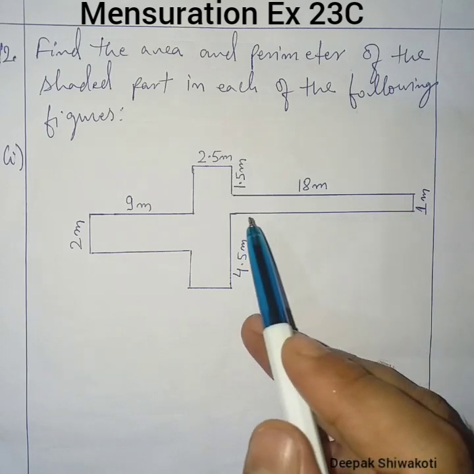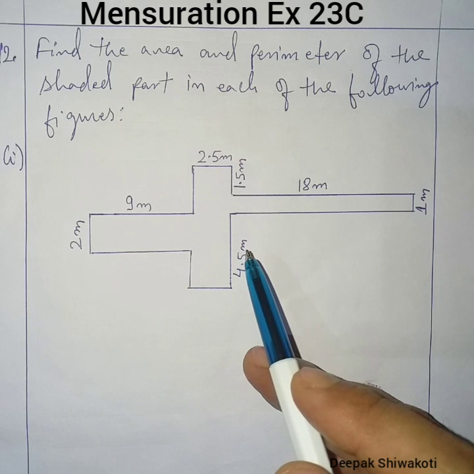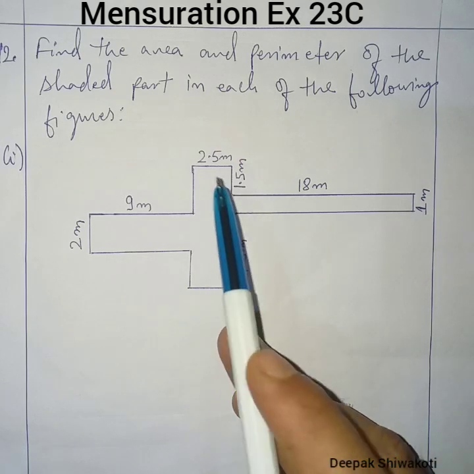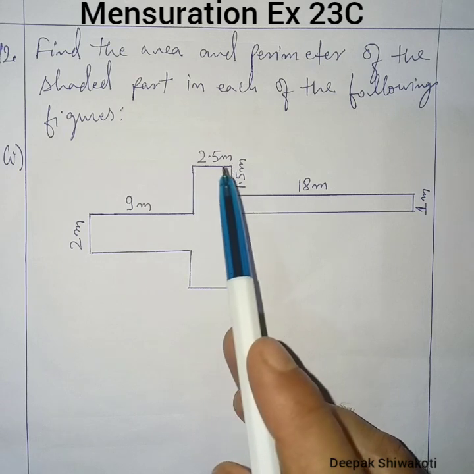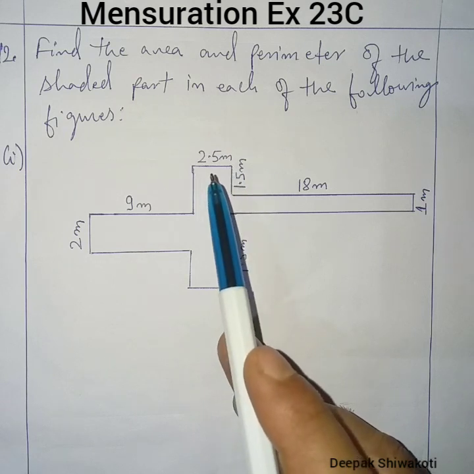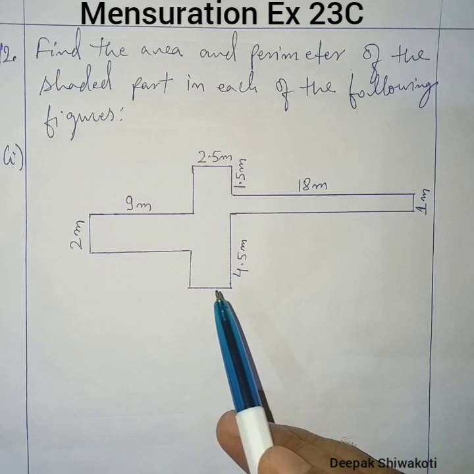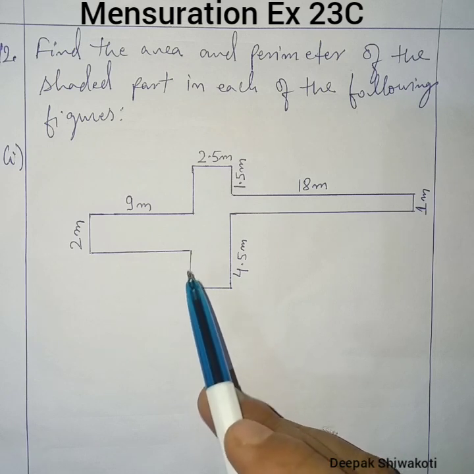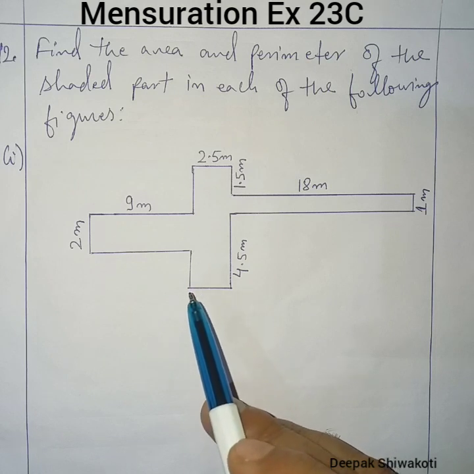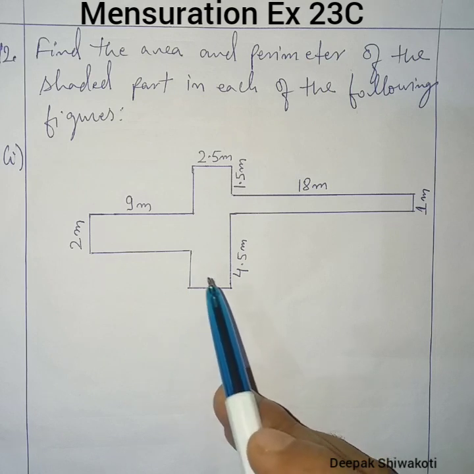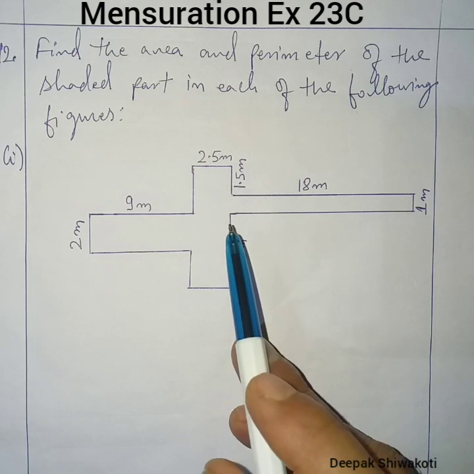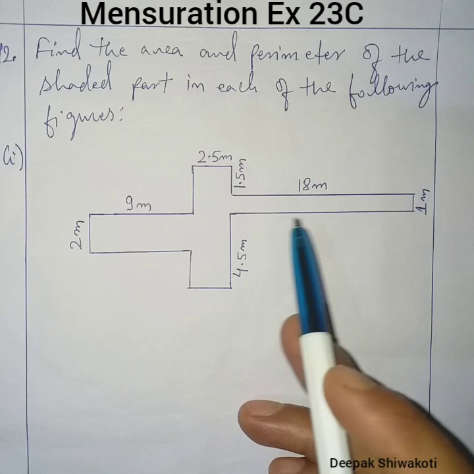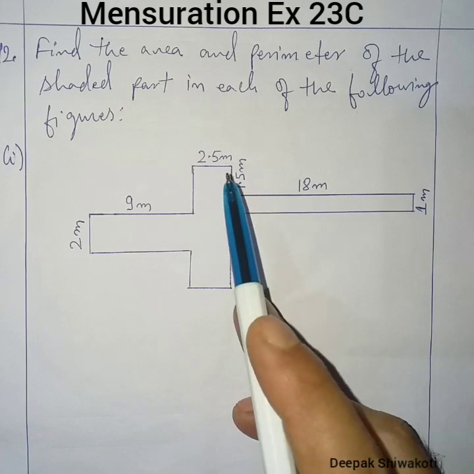This one also, here 4.5 meter, this one is missing. So this line segment and this line segment are also equal. Because of that this will be 2.5 meter, and this one is also missing. So how to calculate this one? From here to here is 4.5, from here to here is 1 meter, and from here to here is 1.5.